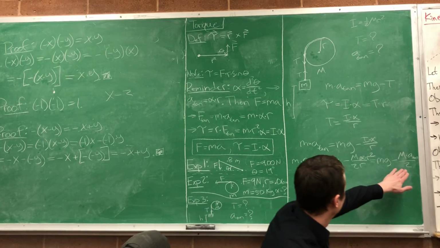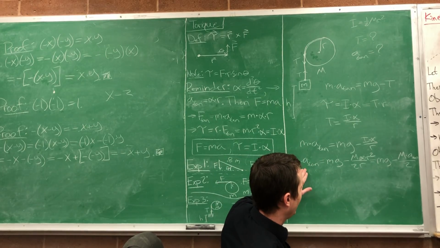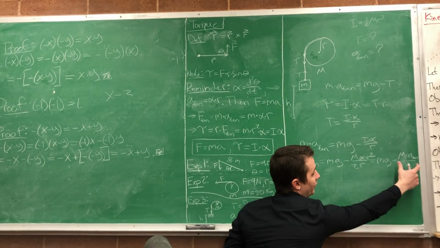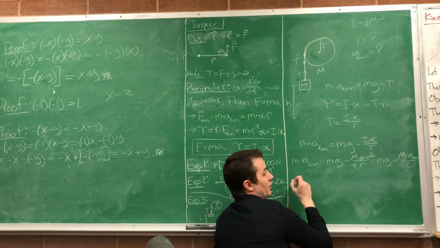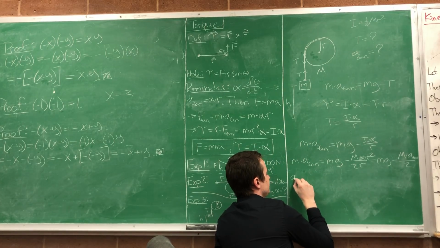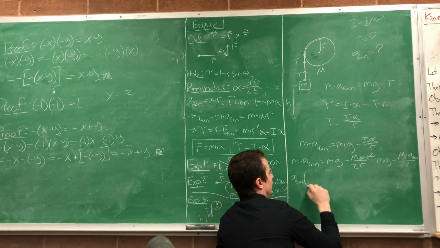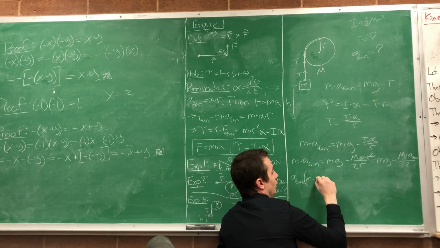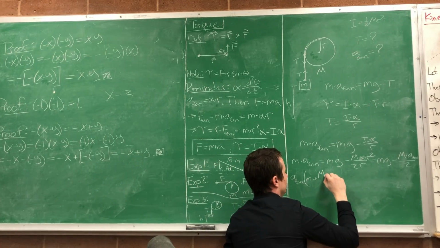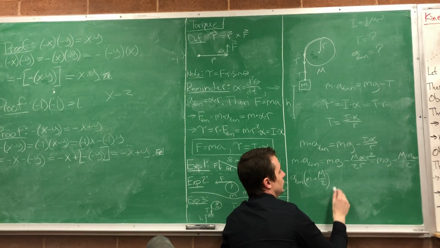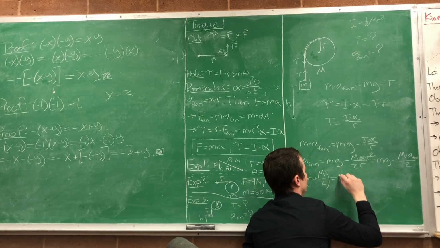So I need to get both tangential accelerations on the same side. So I'm going to move this term over here. So I have a tangential times m plus big M over 2 is equal to mg.